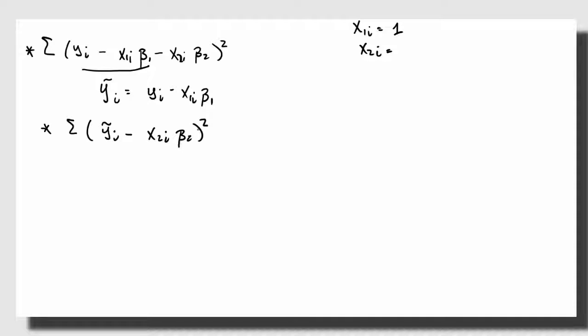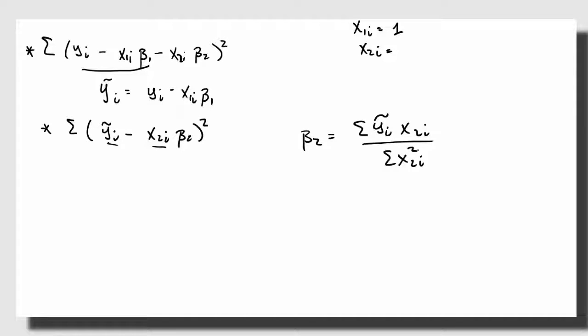Well, then this is exactly regression through the origin with just the single regressor xi2, but the outcome yi tilde. So we know what the estimate for beta 2 would have to be. It would have to be the summation of yi tilde xi2 over the summation of xi2 squared.